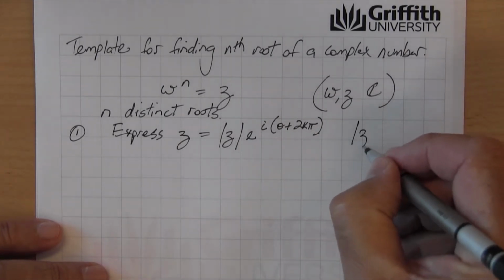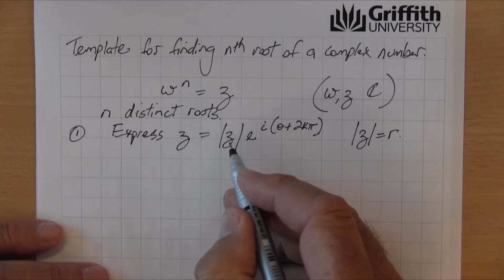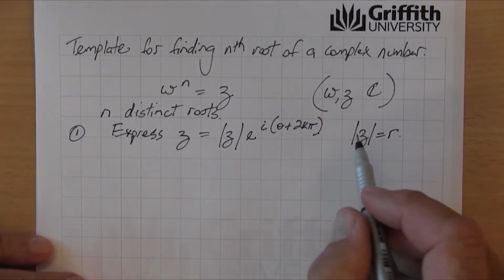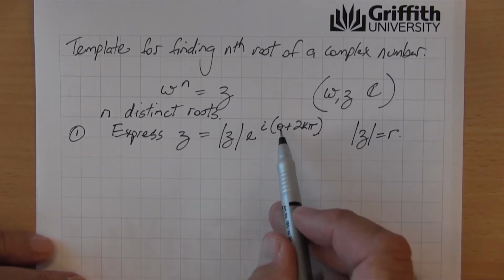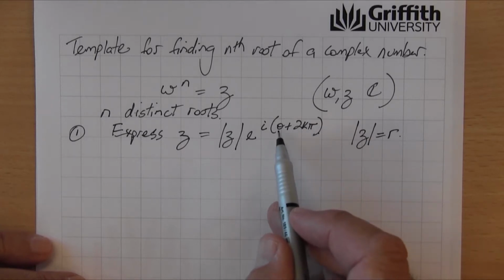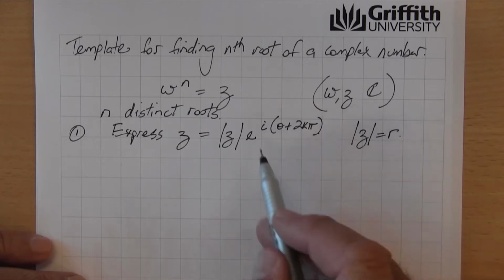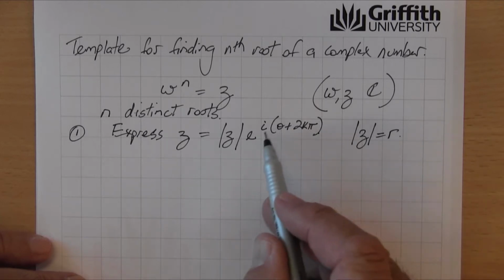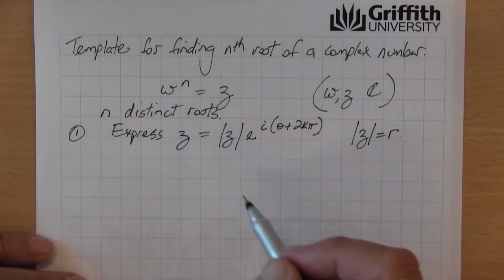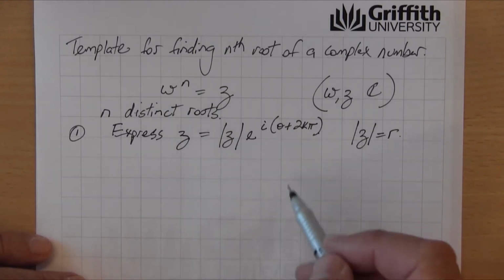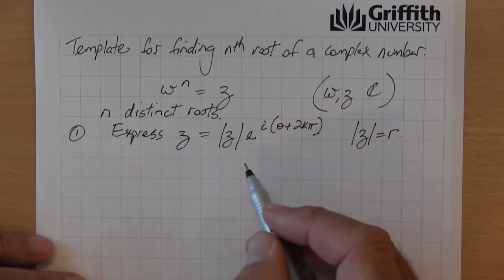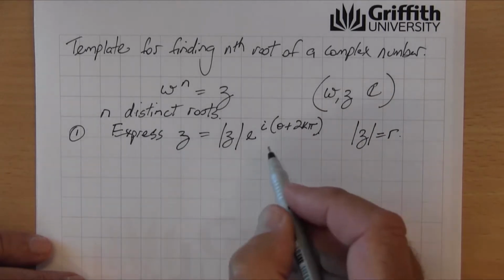So the modulus of z is simply the r value. Theta, theta plus 2k pi, these angles are all what they call coterminals, so they differ by 2 pi. And we'll need to do that to pick up the multiple roots. When I do an example a little bit later on, it'll become more apparent as to why I'm doing that.